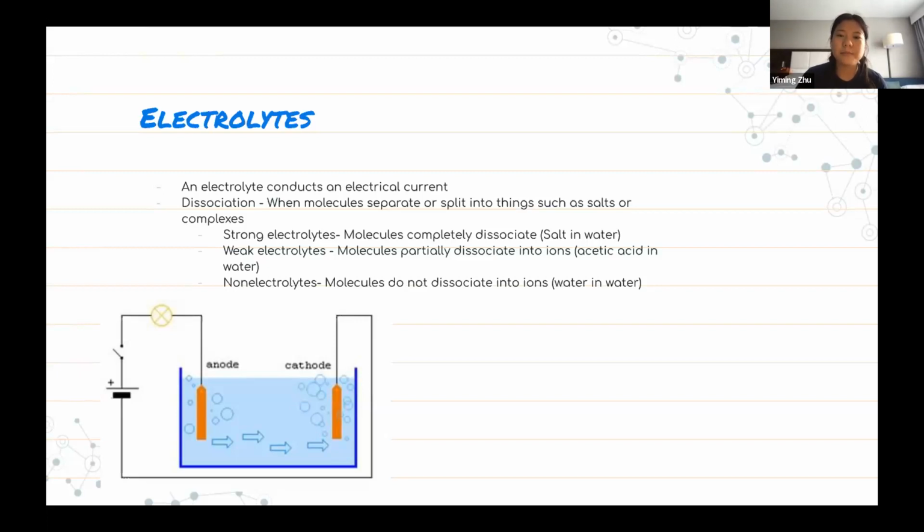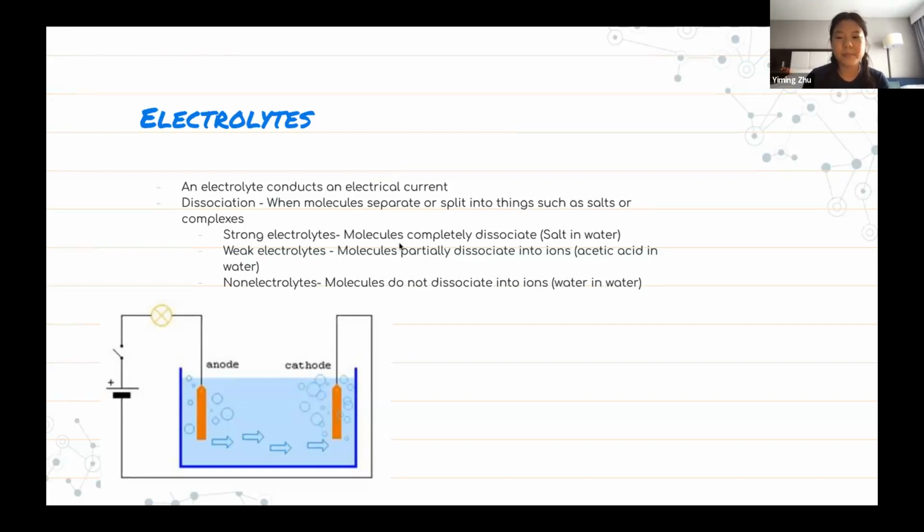How I like to think of it is that since it conducts an electrical current, strong electrolytes will conduct a current really well. For example, as you know, salt water is very conductive. However, acetic acid mixed with water is not as conductive. And water is conductive, but just not very well.